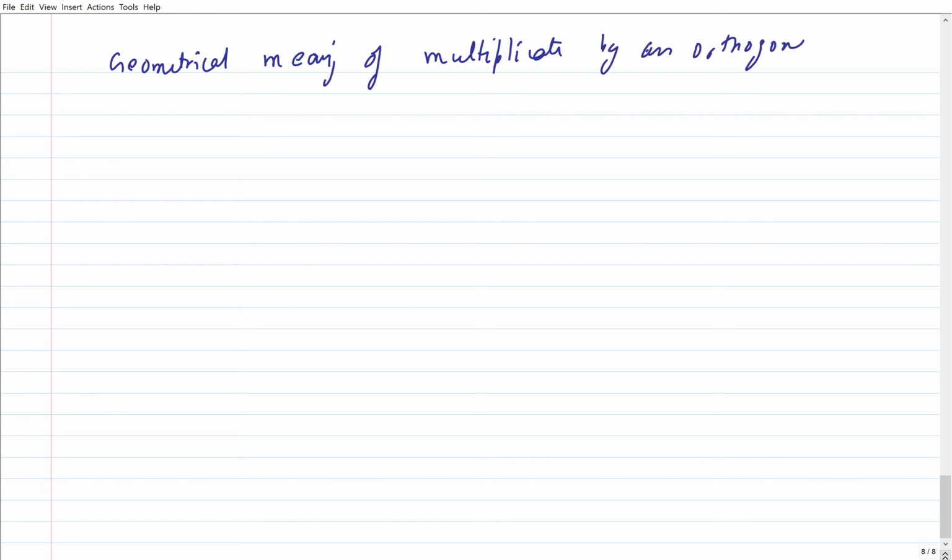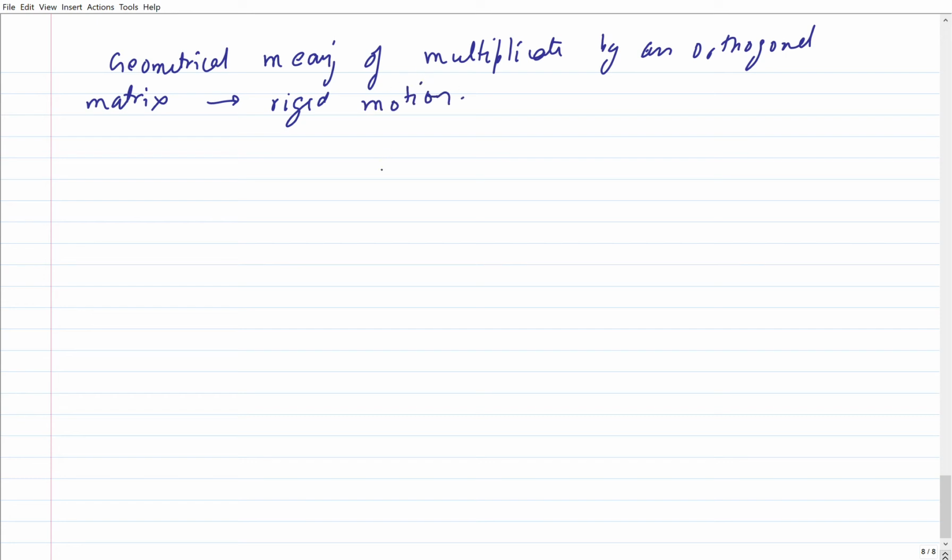So essentially, the geometrical meaning of multiplication by an orthogonal matrix can be explained in terms of rigid motion or rigid body motion.